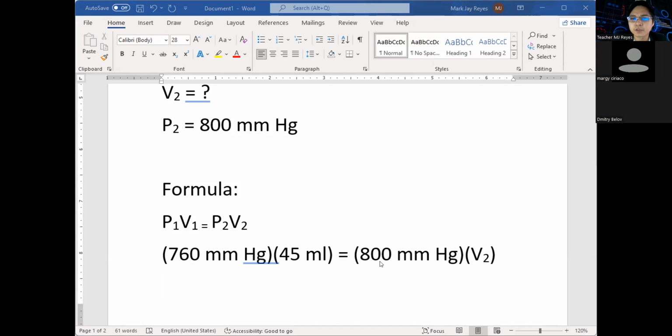Correct? You can multiply this because it has actually value. But how about unknowns? Remember, in your mathematics, you cannot multiply unknowns. Correct? What should we do next?